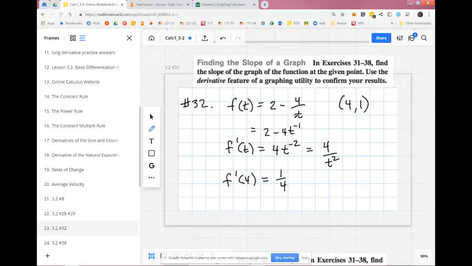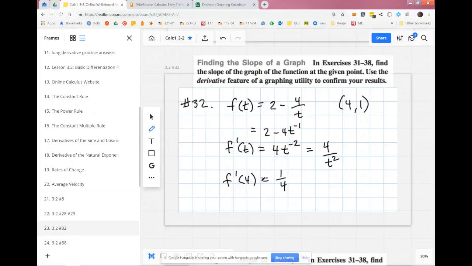2 minus 4 over t is 2 minus 4t to the negative 1. The derivative of 2 is 0. The derivative of this is the power rule. Negative 1 times negative 4 is positive 4. Reduce power by 1. Write with positive exponents.